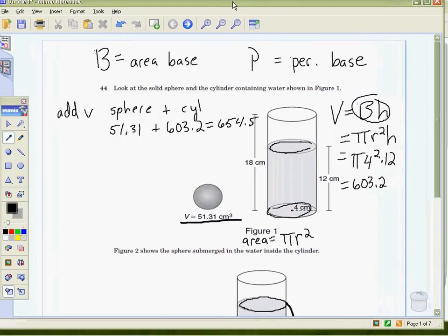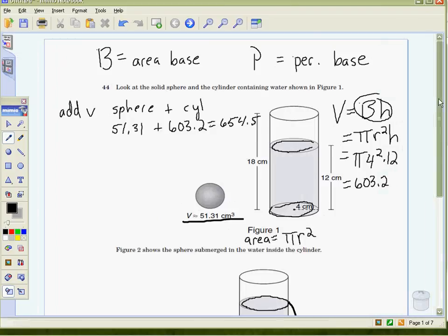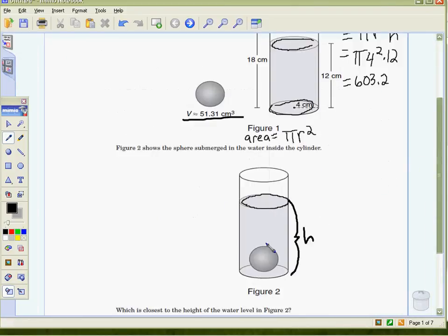So I want to take that information, and what I know now is that this volume is equal to 654.5. So I'm looking for h. I'll go back to my volume formula. Volume is equal to area of the base times the height.